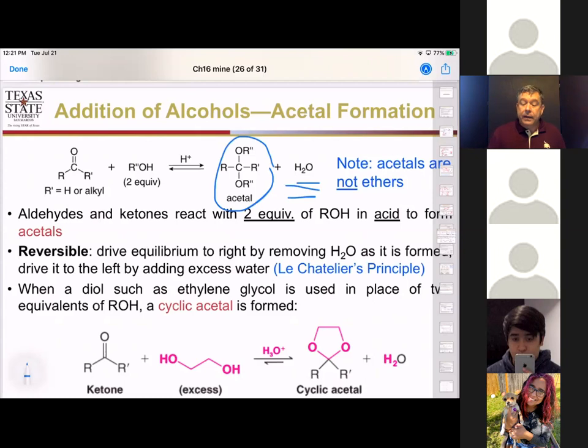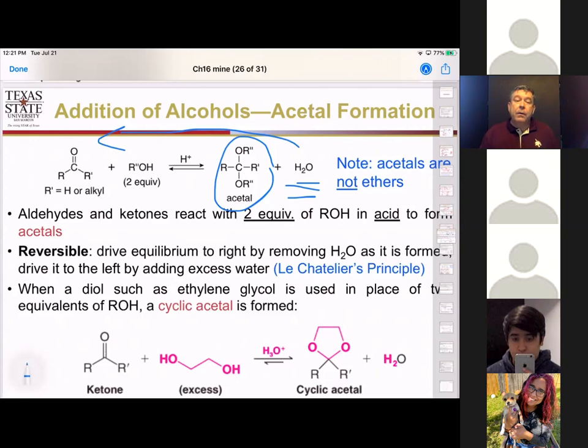Okay, so again, if we added water, it's going to drive the equilibrium back the other direction. So to make these, we remove water from the solution and generate those 2 carbon-oxygen-carbon bonds on that same carbon, the carbonyl carbon.